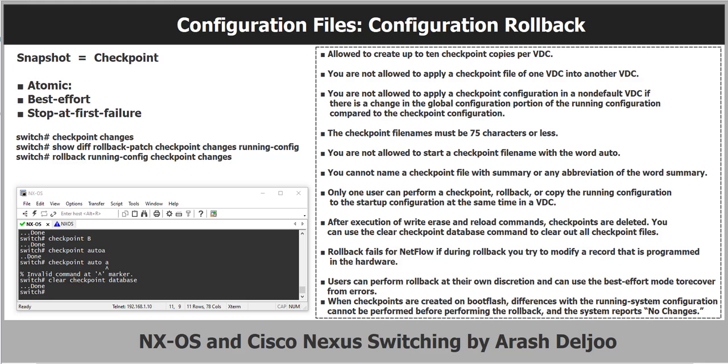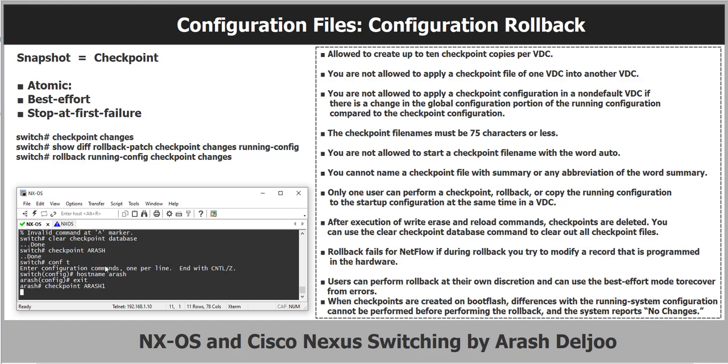But finally, we can say we can easily create a checkpoint with the checkpoint command, checkpoint and then a name, for example, the checkpoint name. After that, this is our checkpoint at this time. The next, we can configure something, for example the host name, and then if you want, you can create the next checkpoint.